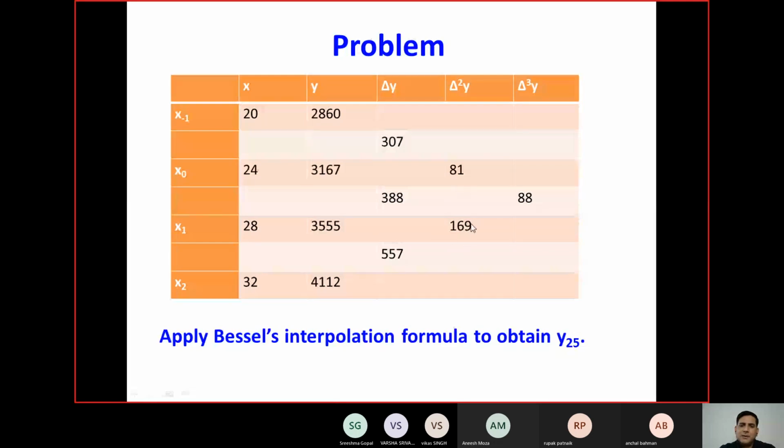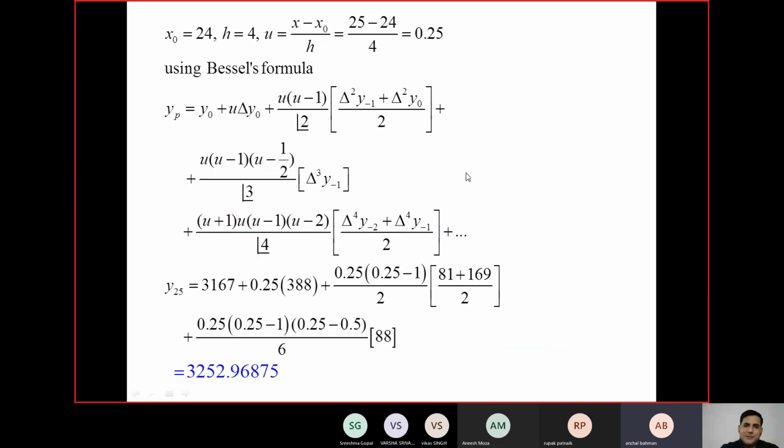How is it fixed? Why not this one, why not? Because it would be y minus 1, delta squared y minus 1. So that's what we did. So you got this. Now what about this one?